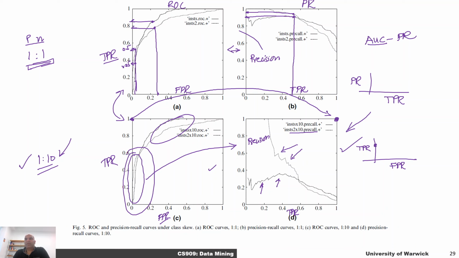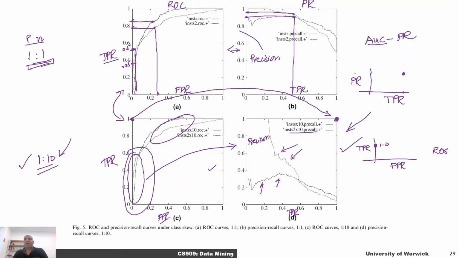So an ideal classifier in the ROC space would be here, where the true positive rate or the sensitivity is 100% and the false positive rate is 0. Whereas in the precision recall space, we want a classifier that has a 100% true positive rate and a 100% precision. Okay, so that way you can remember which of the two classifiers is better.